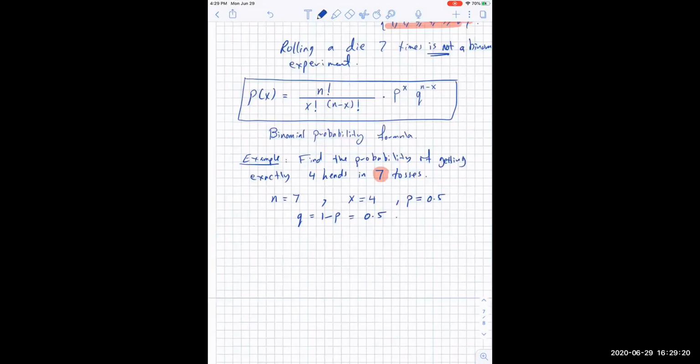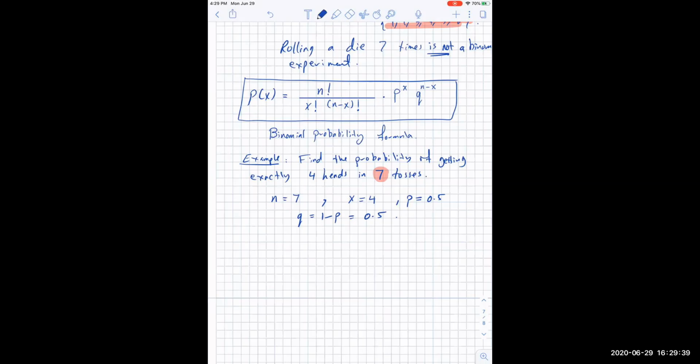These are my values. 7 trials, 7 tosses, 4 successes, 4 heads. P, the probability of a head, is 0.5. Q, the probability of a tail, is 0.5.